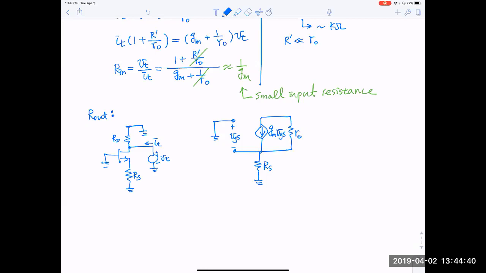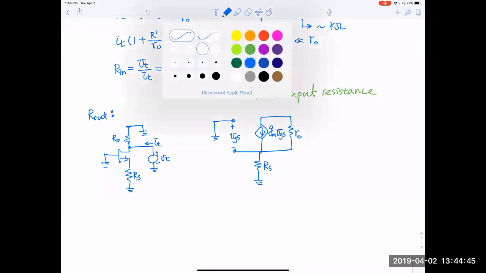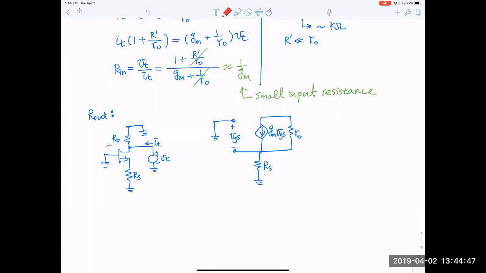And now to simplify the circuit, I will first find the output circuit of the lower half of the circuit, okay? And whatever I find, the equivalent circuit of this lower half, I can simply add the top part by putting them in parallel. So I'll find Rout prime first, which is simply the equivalent output resistance looking down, okay?